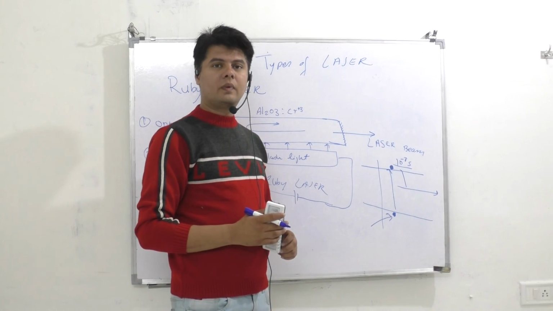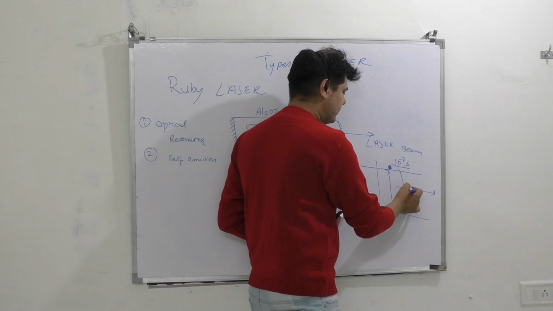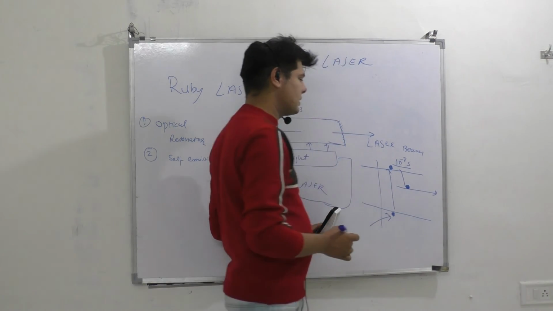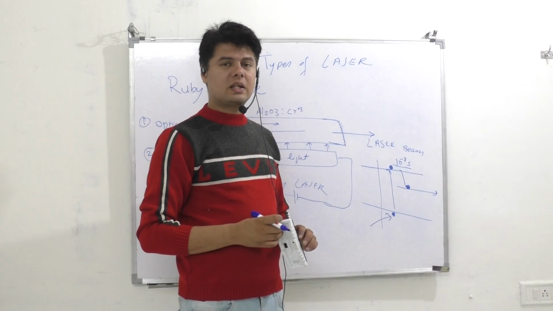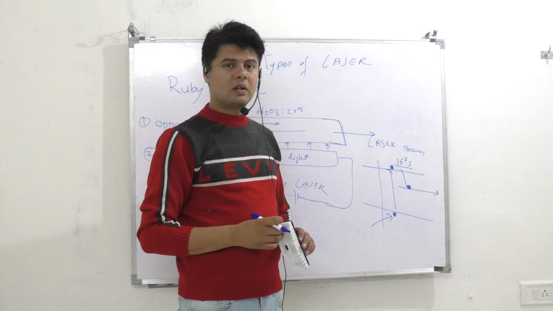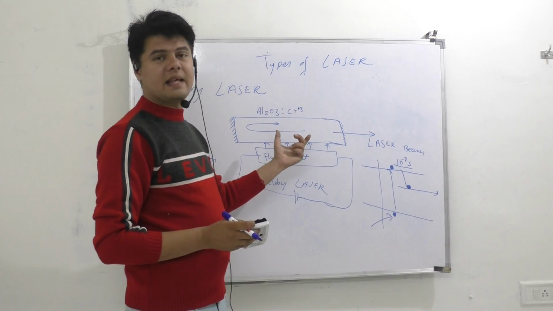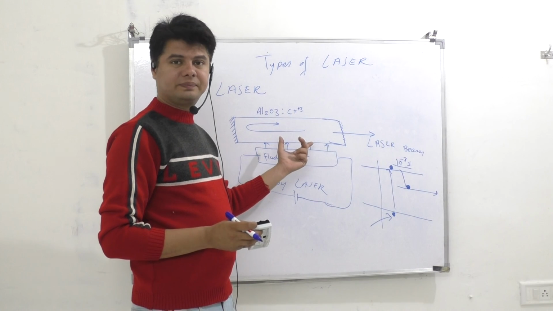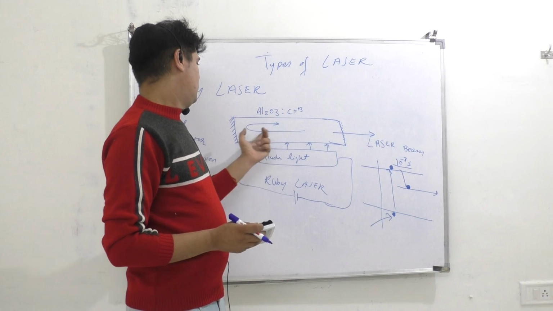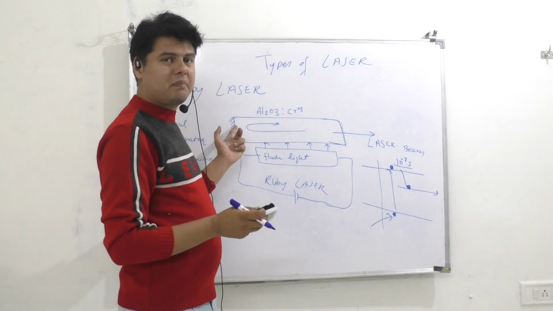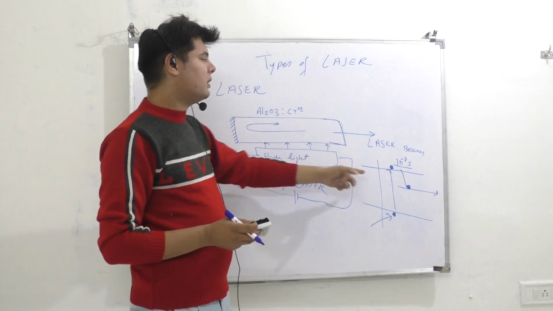Now, those electrons that have reached population inversion at the metastable state require energy from an external means. This energy is reproduced by the self-emitted photons. These photons reflect back from the mirror and stimulate these electrons.